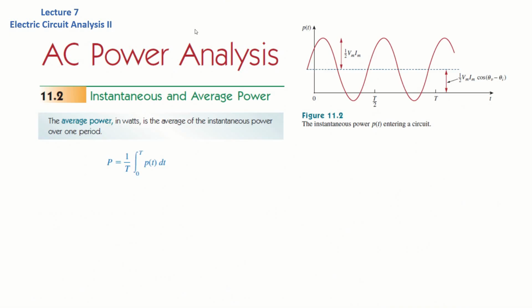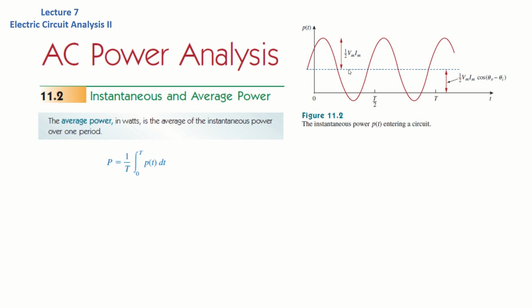The problem with instantaneous power is that it is inconclusive. It does not tell us exactly what power is delivered by the source, because instantaneous power has different values at different instants of time.